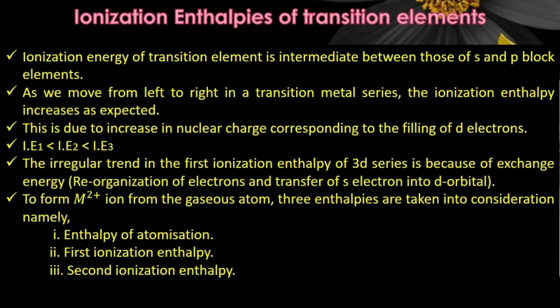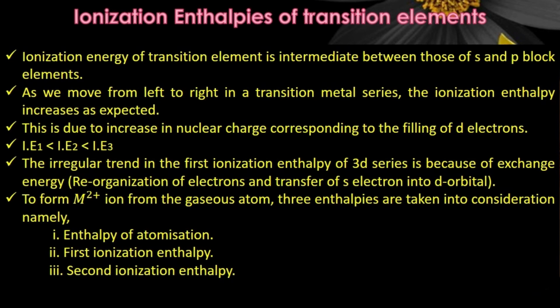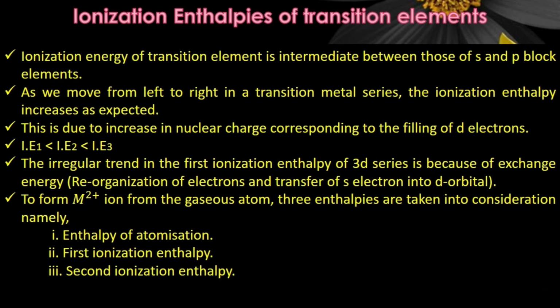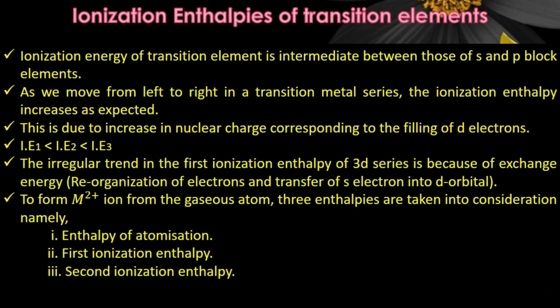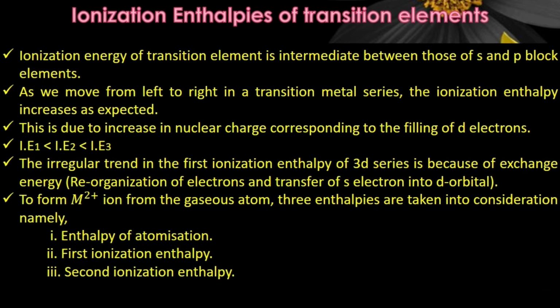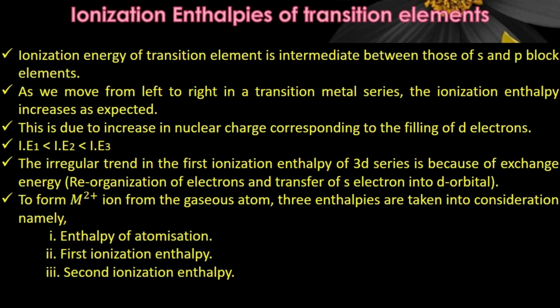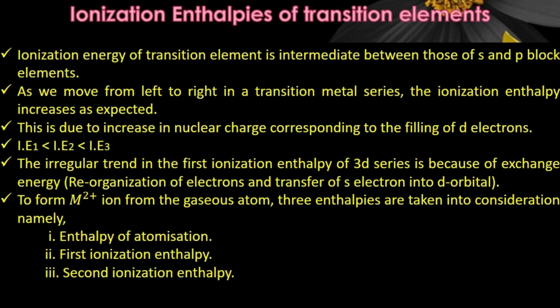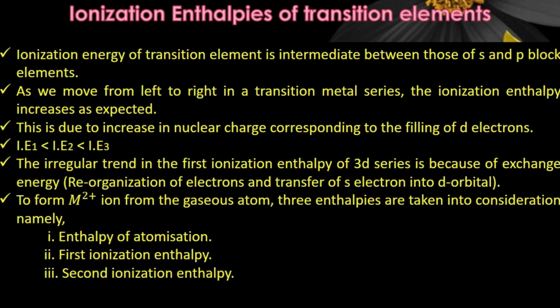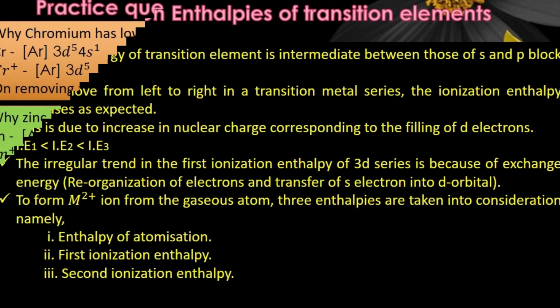Then, after forming the gaseous atom, we will try to remove the most loosely bound electron, and that energy required is the first ionization enthalpy. Then, after forming a monoatomic cation, we will try to remove the next loosely bound electron from it, and that is the second ionization enthalpy.